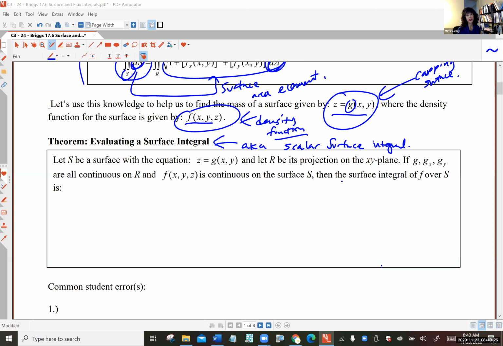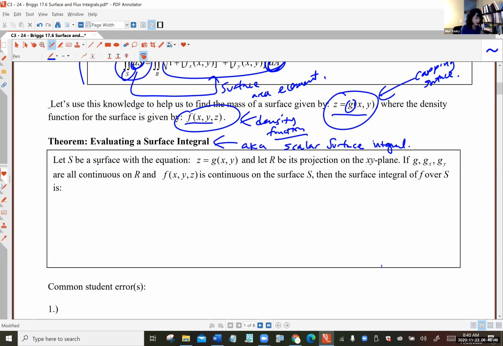So there is a difference. Just like with line integrals, we had a scalar line integral, and then we had the type 2 and 3, which were the vector line integrals, vector fields. Here, you'll notice there's no vector field involved in this particular surface integral. And when we do the other type, there will be a vector field. So there is a difference.